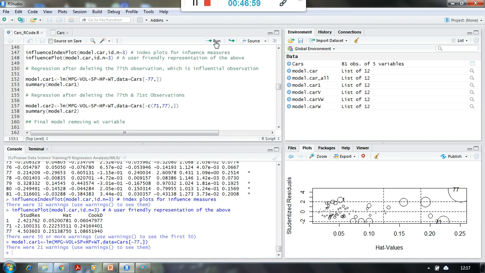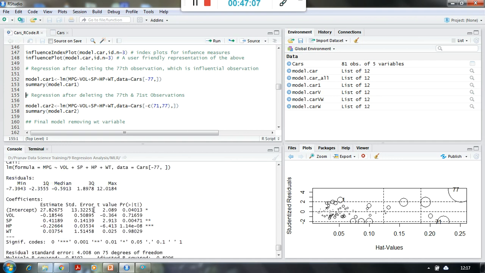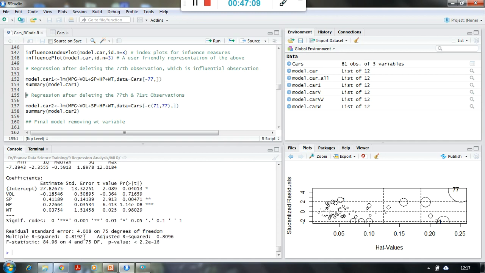But then look at the summary of this model, and the summary is telling me that my R-square has improved from 0.77 to 0.81, but my problem has not gone yet, right?